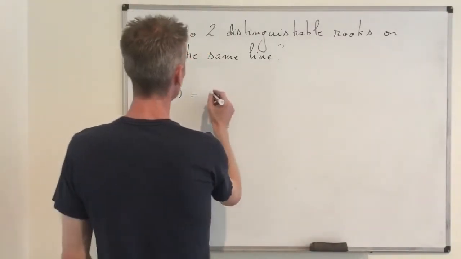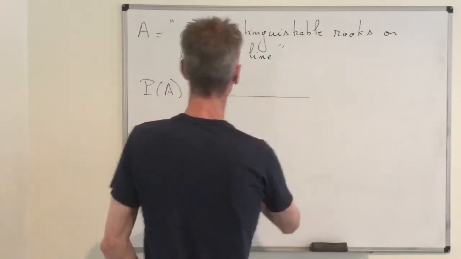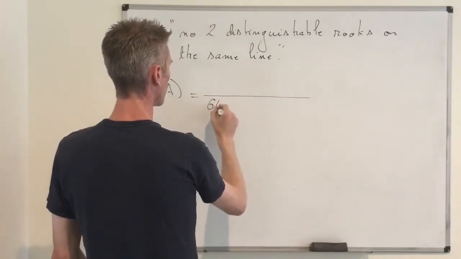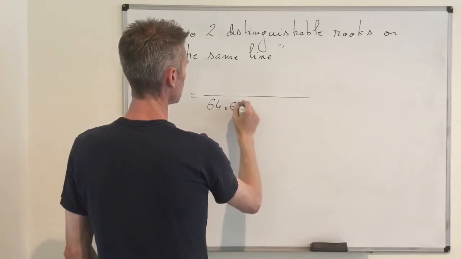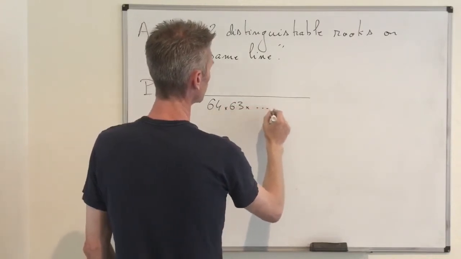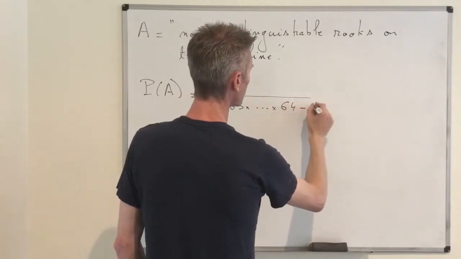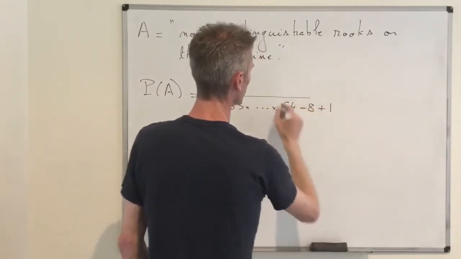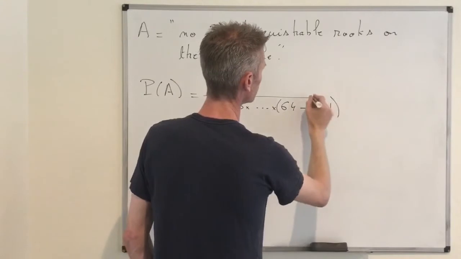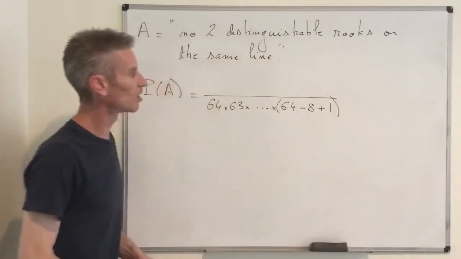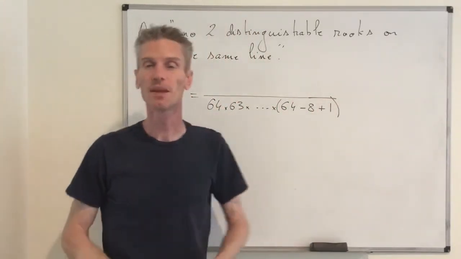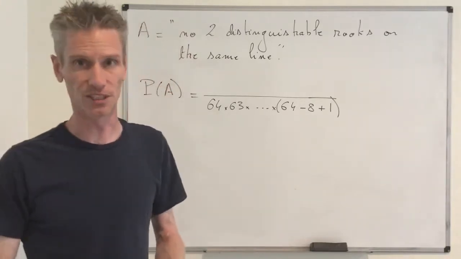So eventually we have to divide by 64 times 63 and so on, up to 64 minus 8 plus 1, just to insist on the fact that we have here an example of arrangement without repetition.